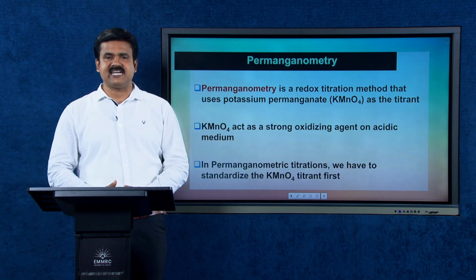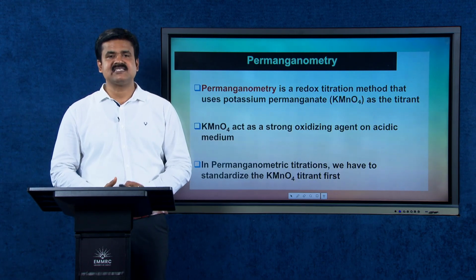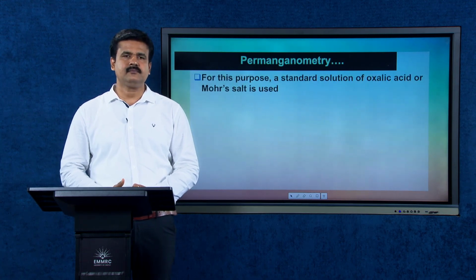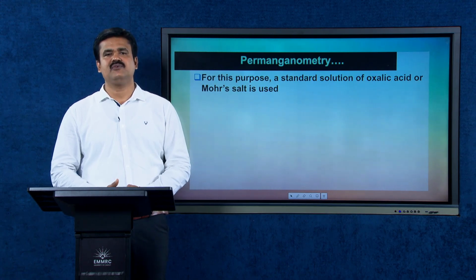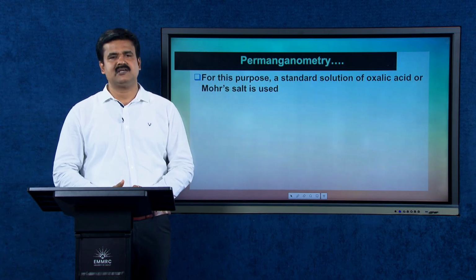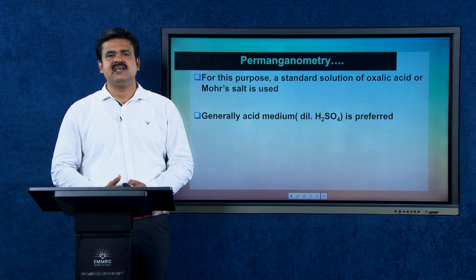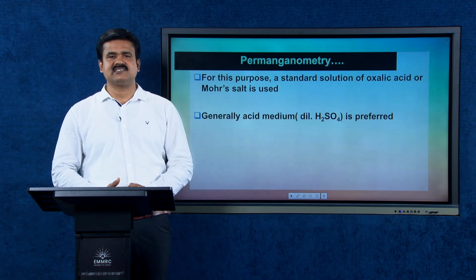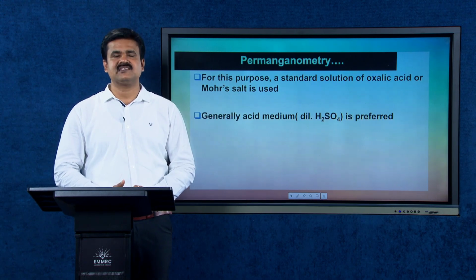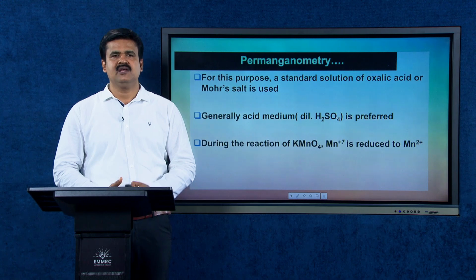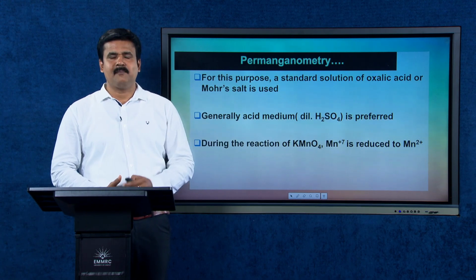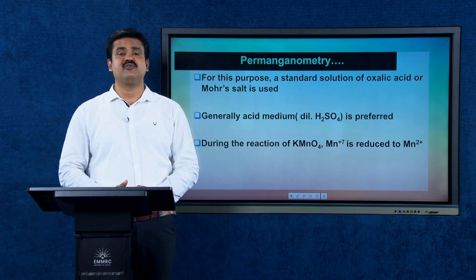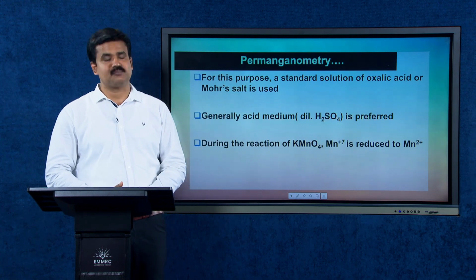In permanganometry titrations, we have to standardize the KMnO4 titrant first. For this purpose, we are using a standard solution of oxalic acid or Mohr salt. Generally, in order to create acid medium, dilute sulfuric acid is preferred. During the reaction of KMnO4, manganese +7 in KMnO4 is reduced to manganese +2.